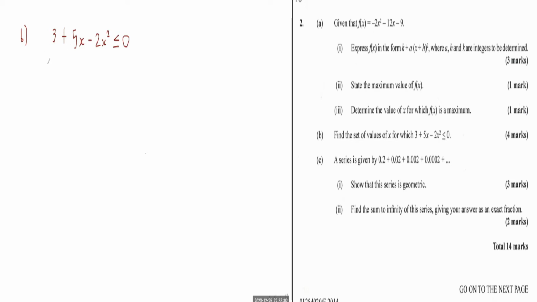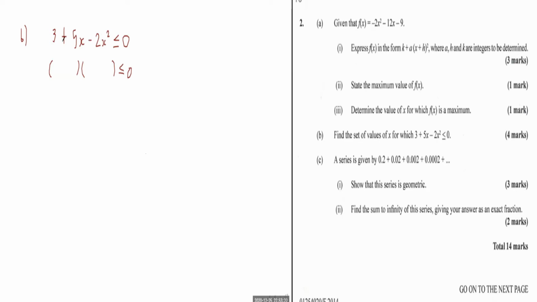So we can always just factorize this. Should be able to factorize it. And this is less than or equal to 0. To factorize this, as you can see, signs are the same.